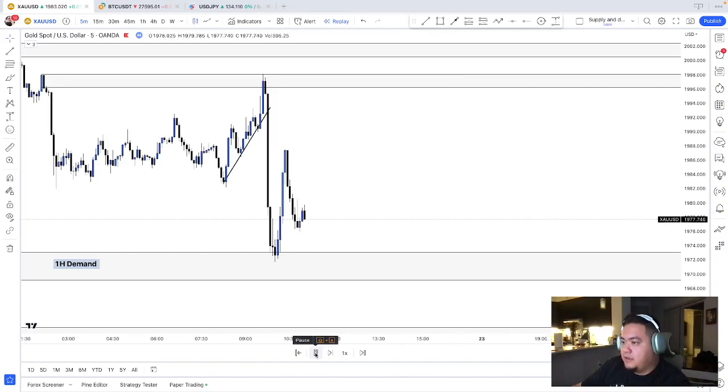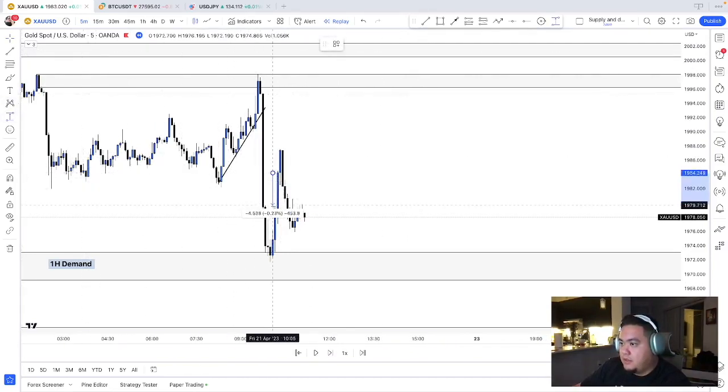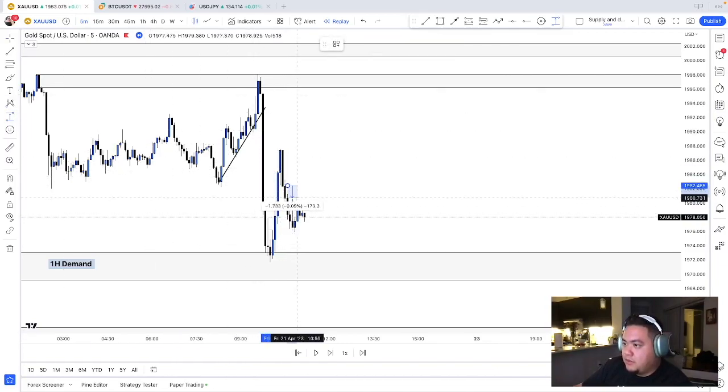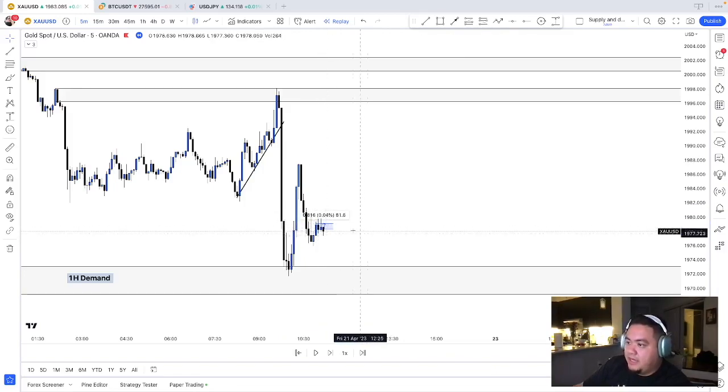And I started seeing this price action get really tight. We're talking about candles that were just a few hundred pips, 600 pips. And then now it's dropping down to 178 pips, right? And now we're going down to candles that are closing within 100 pips. So price action is getting tight, right?